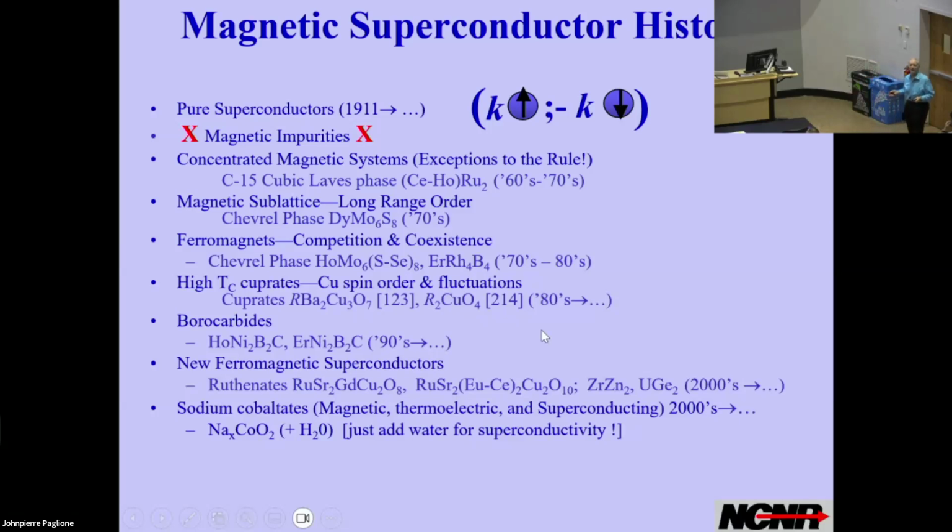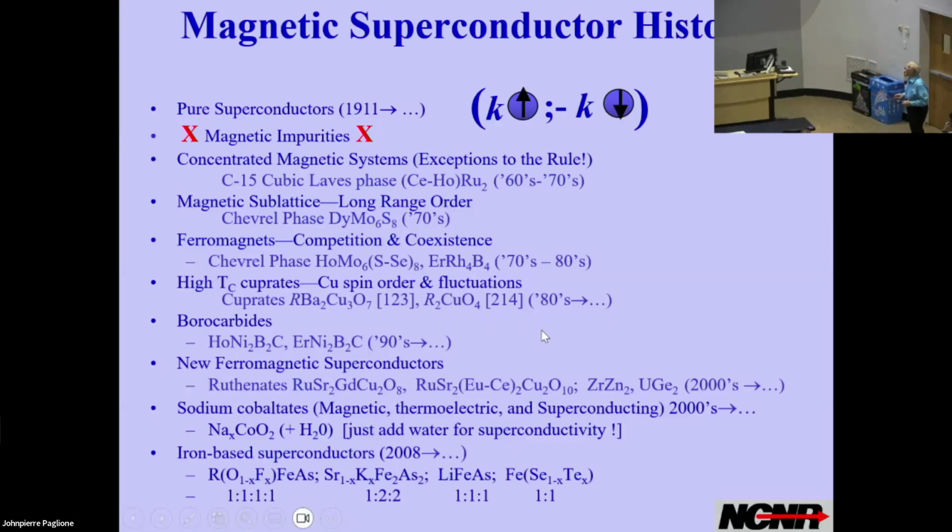Unfortunately, we call these instant superconductors. It's like instant coffee. Yeah, it's a superconductor, but not that good of one. And then, of course, iron-based superconductors. I'm not going to talk anything about hydrogen materials, which superconduct under very high pressures, because neutron scattering can't do that.